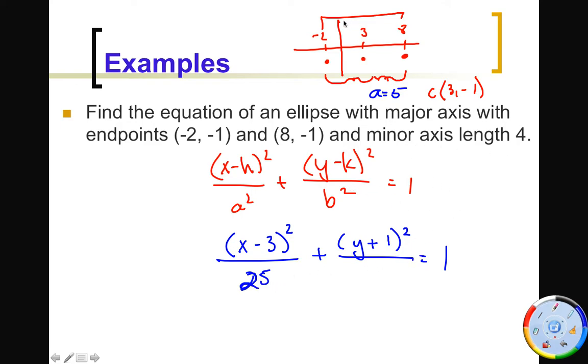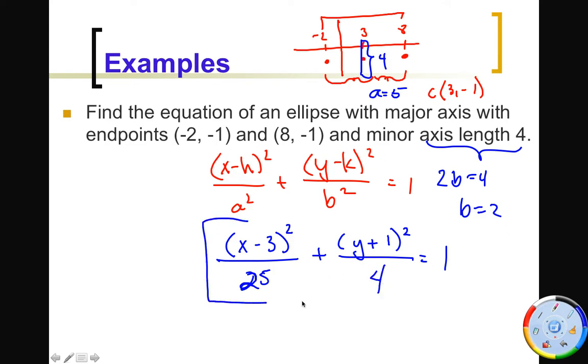The minor axis length is this direction, and we said that this direction is 4. So 2b equals 4, therefore b is 2. And if I square that, I get 4, and there we have an answer.